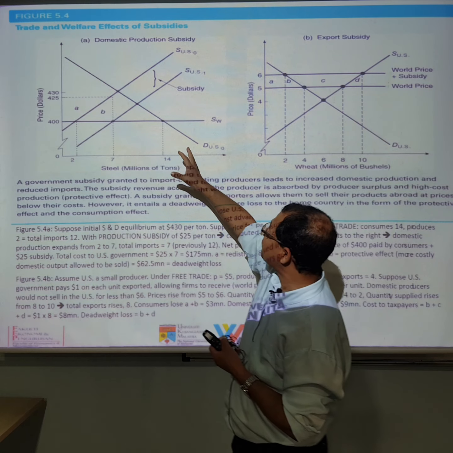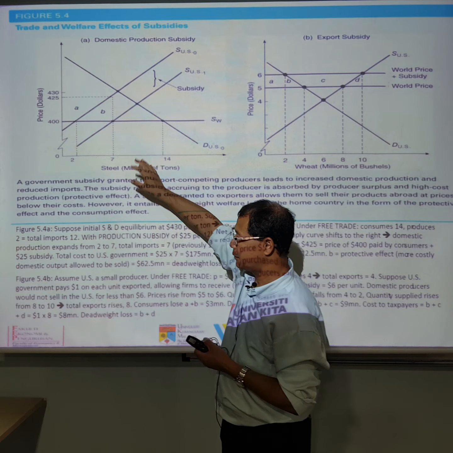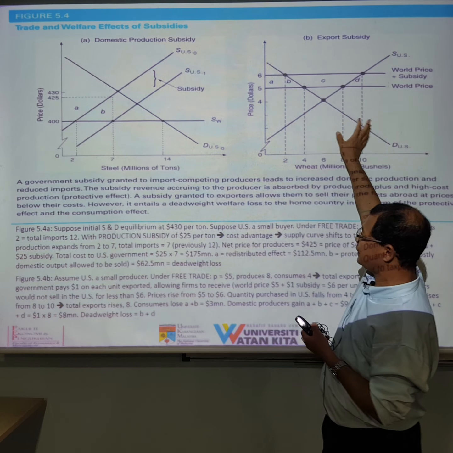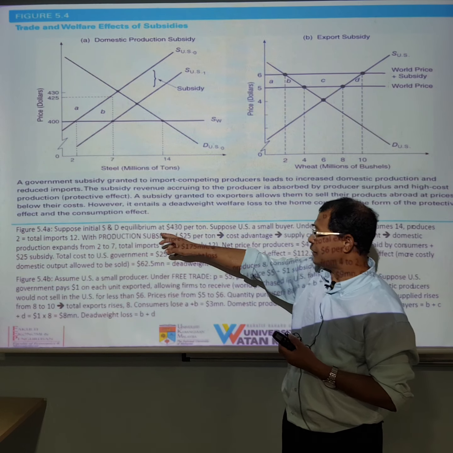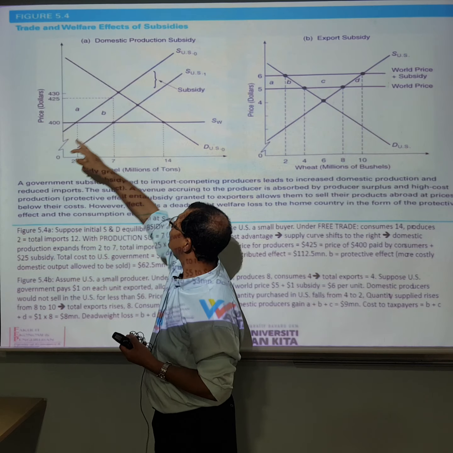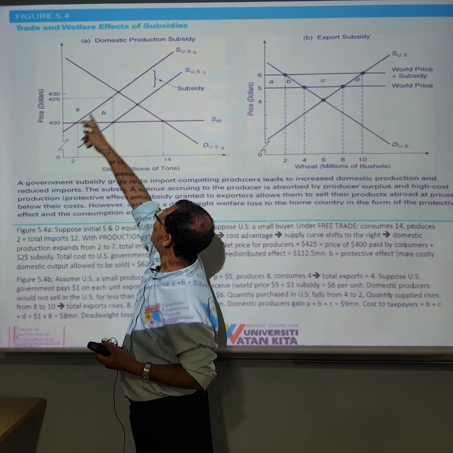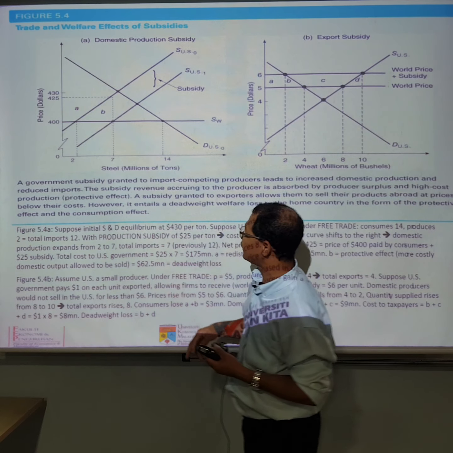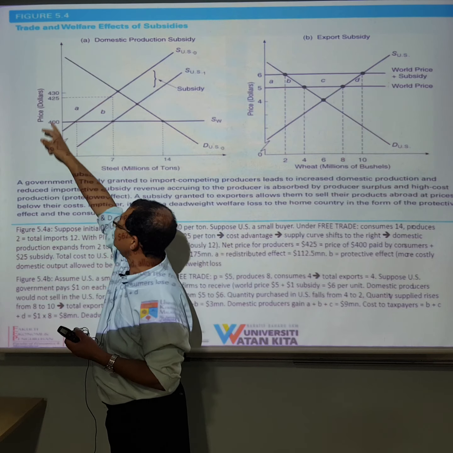Okay, here it is. This is the domestic production subsidy. Focus on the left only. And export subsidies are here next. So on the left, suppose initially this is S, D. This is the supply and demand of steel in the United States, with the price of steel.